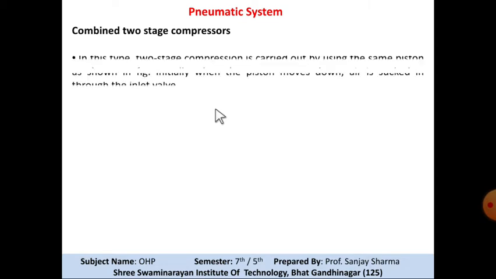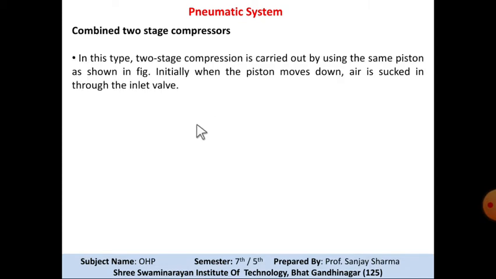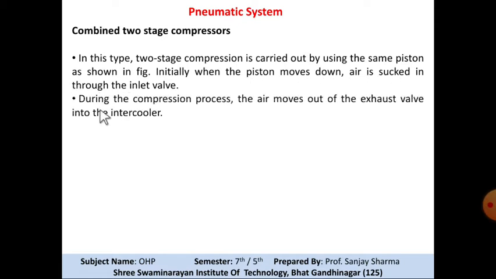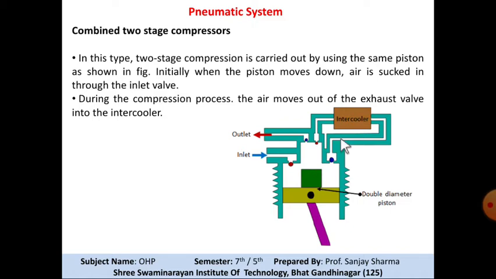combined two-stage compressor. In this type, two-stage compression is carried out by using the same piston as shown in the figure. Initially, when the piston moves down, air is sucked in through the inlet valve, and during the compression process the air moves out of the exhaust valve into the intercooler. So here you can see this is the double diameter piston.